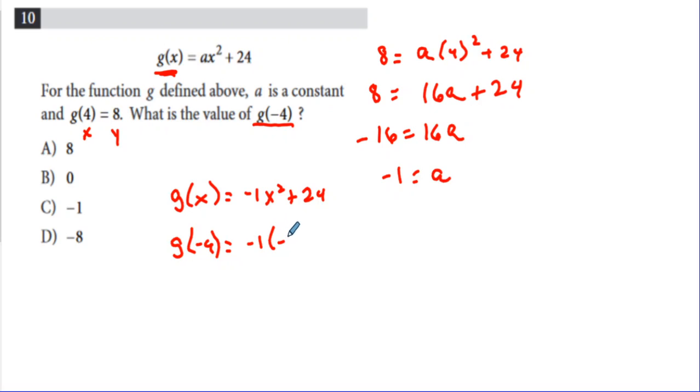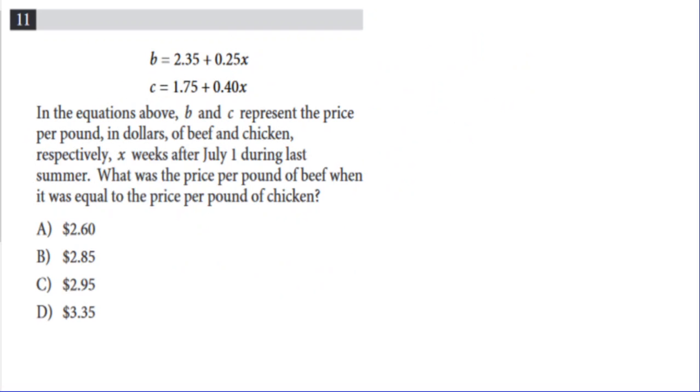Negative 1 times negative 4 squared plus 24, okay? Negative 4 squared is 16 times negative 1, which is negative 16 plus 24. The answer is 8. That's my answer, okay?